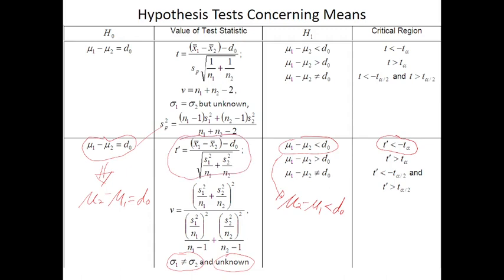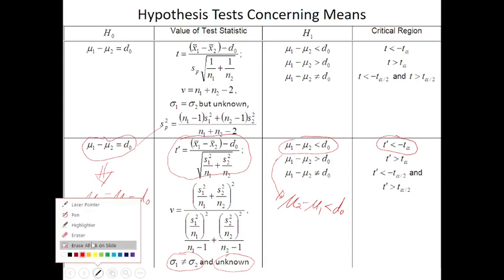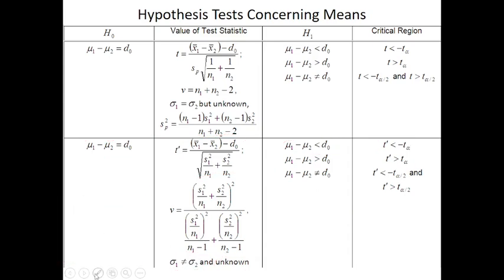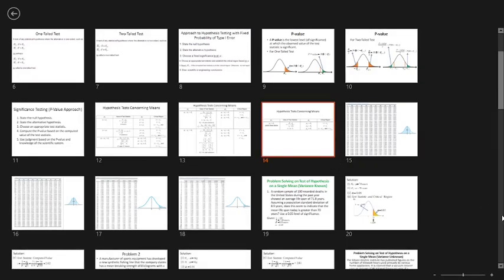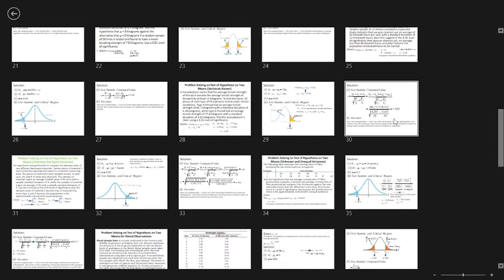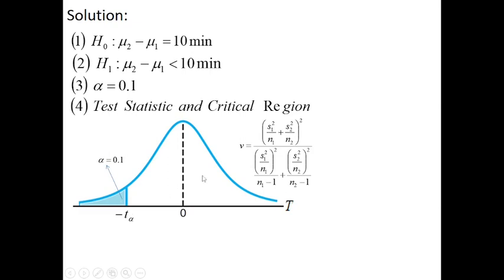So let's go back. We have this formula. Then we will have an answer of 8.88 minutes for s sub 1.